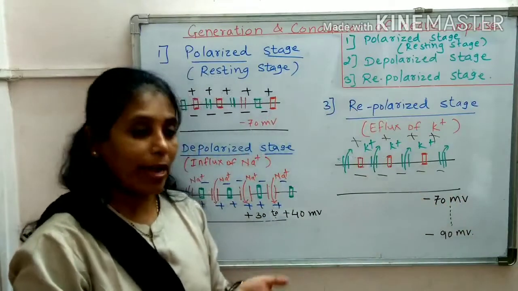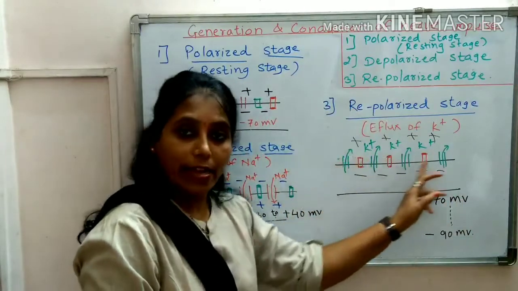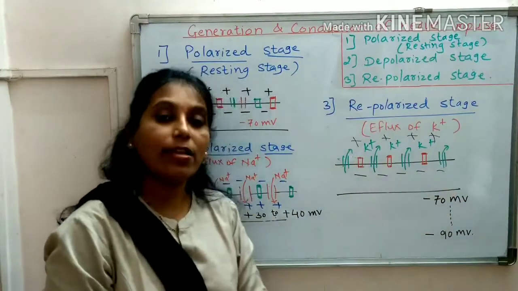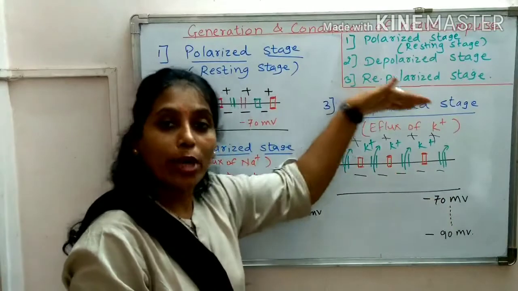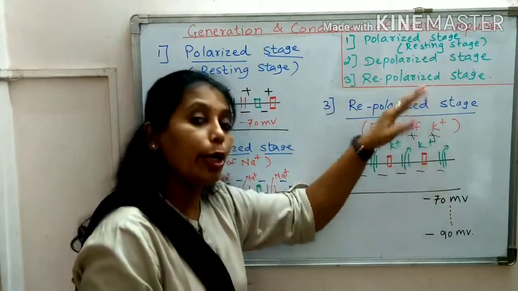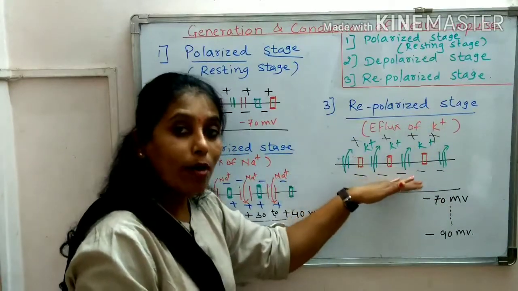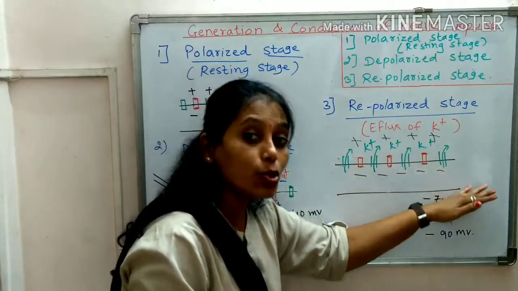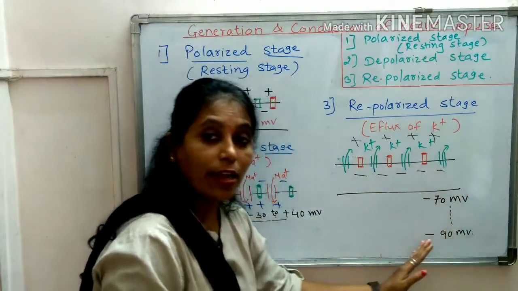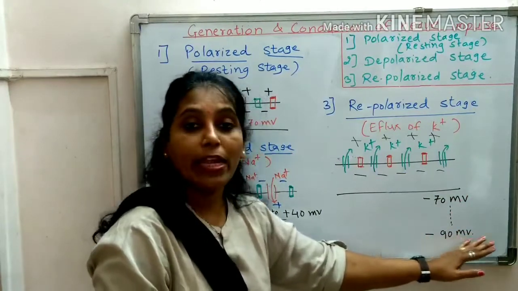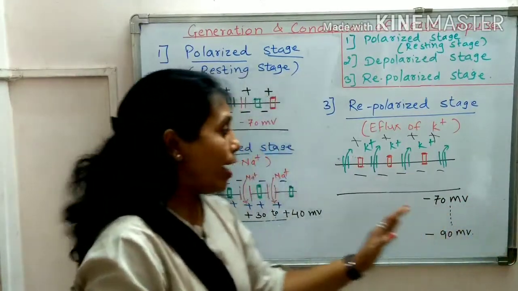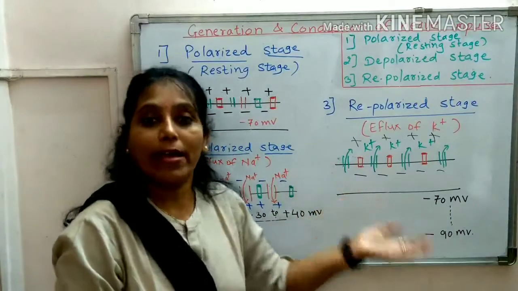But sometimes these potassium leakage channels remain open for a long time. So more and more potassium goes out, due to which more negative charge is restored, and the potential may go to minus 90 millivolt also, which is called the hyperpolarized stage.